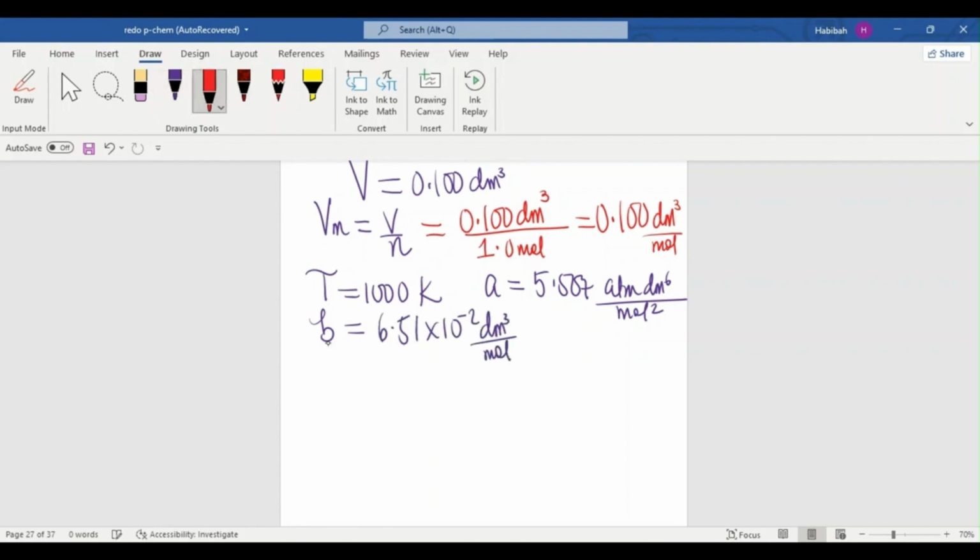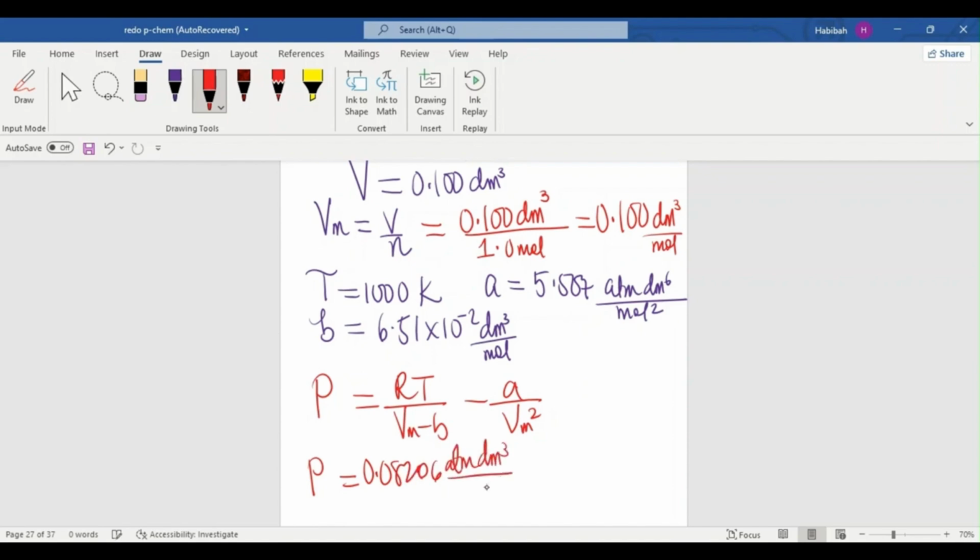So yeah, now we're going to substitute. P is equal to, we're going to substitute into this. P is equal to RT over Vm minus B, minus A over Vm squared. So we start substituting. So pressure is equal to 0.08206, which is the gas constant, the unit atm dm cube per mole Kelvin, times the temperature.